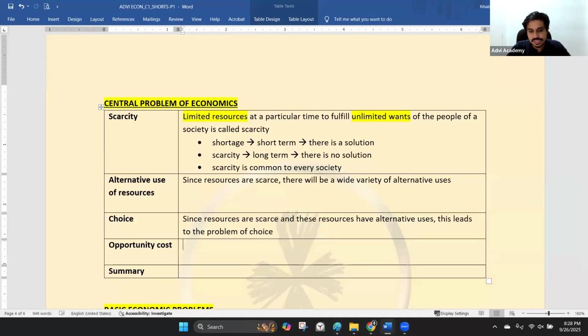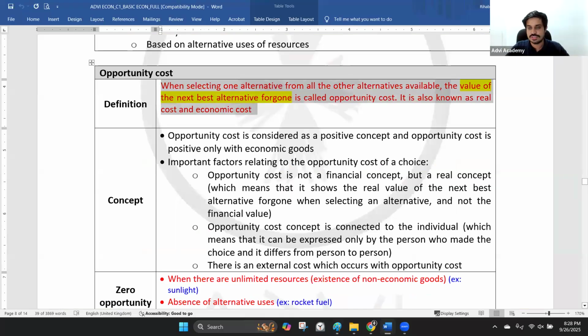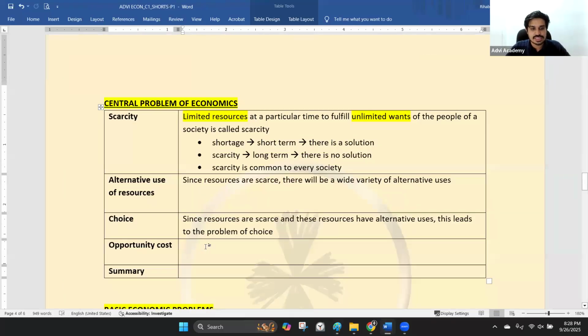So we come to the opportunity costs, right? Under opportunity costs, I will first put the opportunity costs. Or we can say, let's say, one by one. When a choice is made, all other available users are sacrificed.